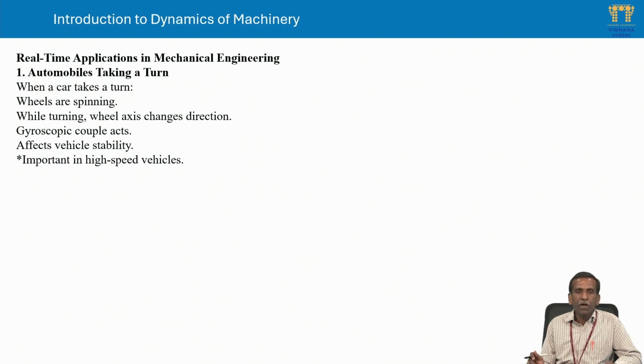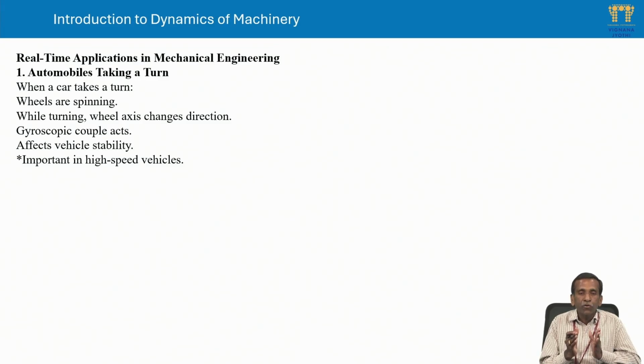Let us take the example of an automobile. While it is moving, the wheels are spinning, and the engine parts are also rotating. Along with this, the entire automobile takes a turn, either left or right. This is the effect of gyroscopic action or gyroscopic couple.